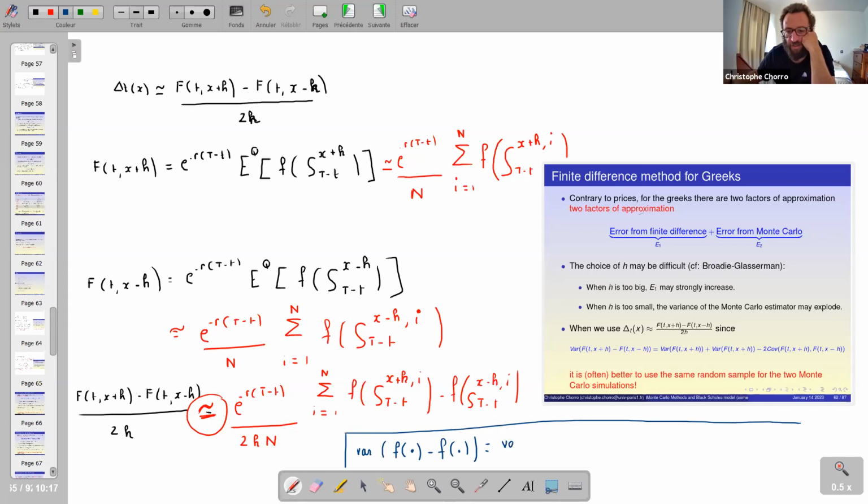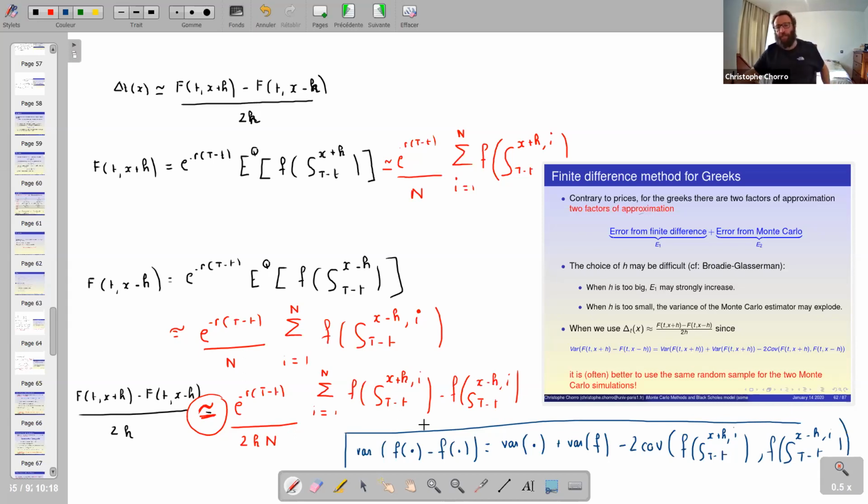The variance of the first plus the variance of the second minus 2 times the covariance between f(S_{T-t}(x+h)) and f(S_{T-t}(x-h)). I have this one.